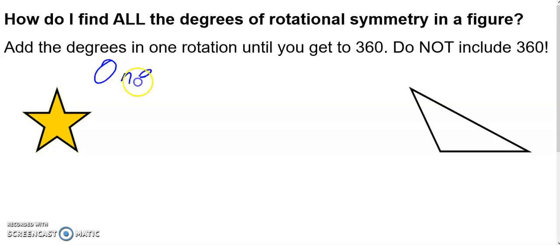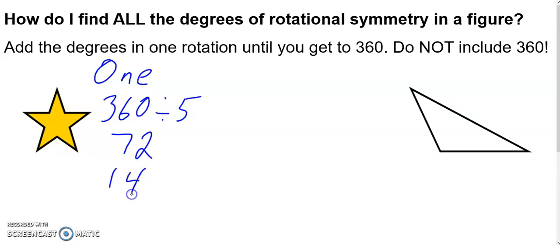It's 360 because that's all the way around, divided by the order, which for the star was 5, and we said it was 72 degrees. So 72 degrees is one rotation of the star. Now I'm going to add 72 to itself until we get to 360.